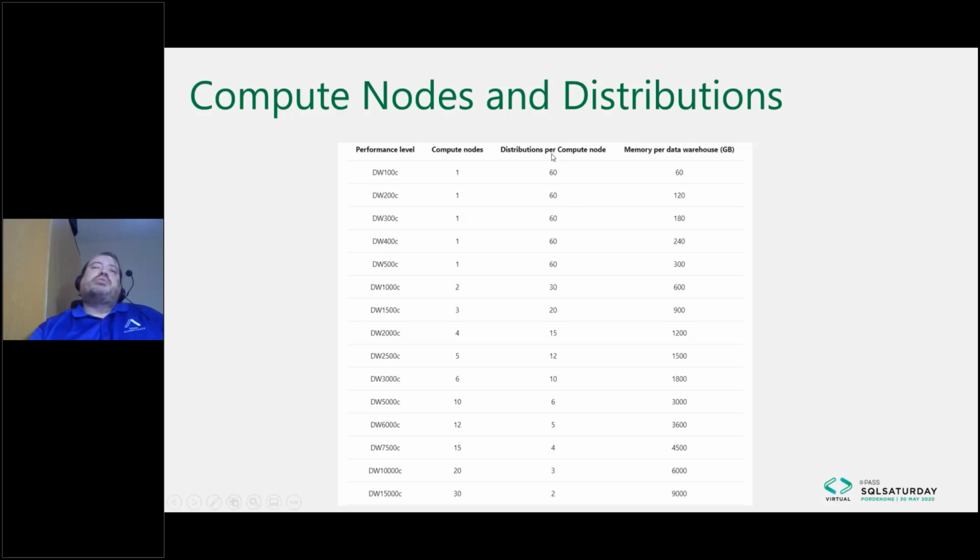As you will note in further examples, we need to control this quite well. And there is also a difference in memory available according to the performance level. Microsoft provides a different amount of memory for each performance level.